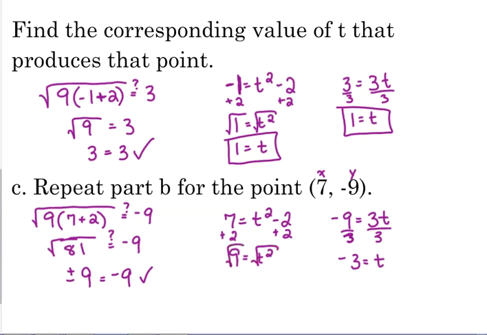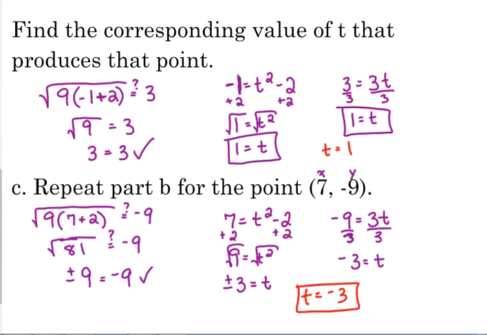So when we solve the x equation, we add 2, we get 9, we take the square root. The square root of 9 is both positive and -3, but since the y equation gave us the -3, we're going to say that the t value is -3 here.